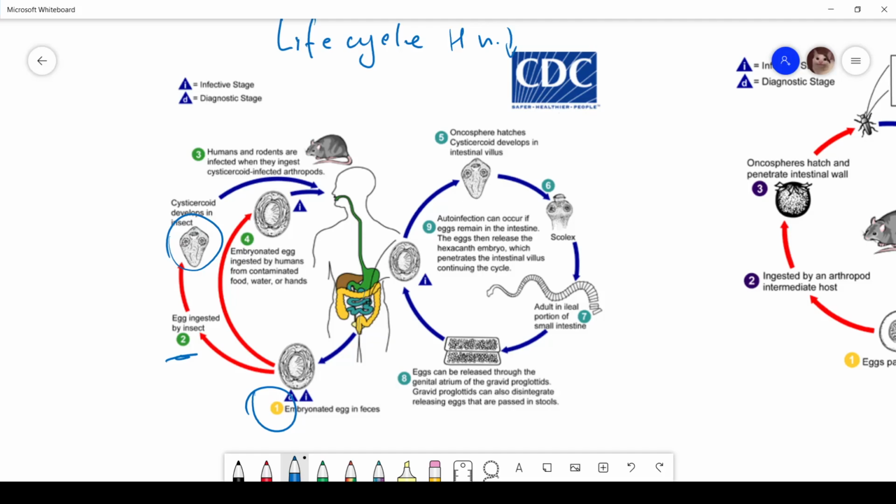The oncospheres are always contained in eggs. Later you will see these oncospheres on photos of eggs.